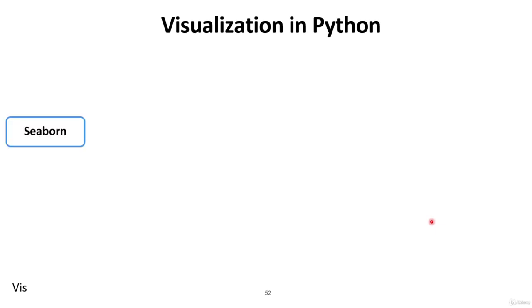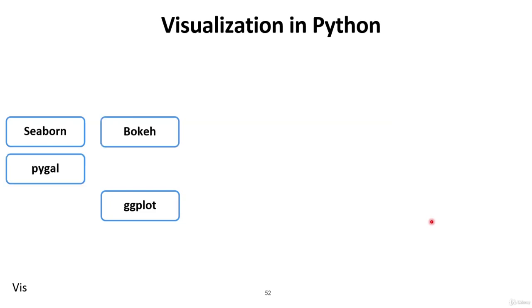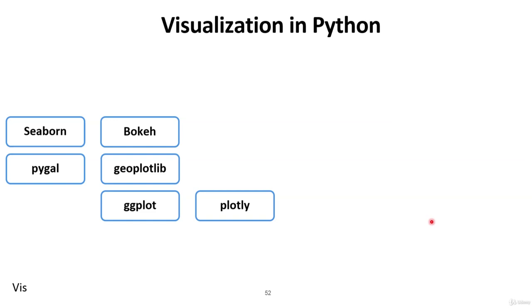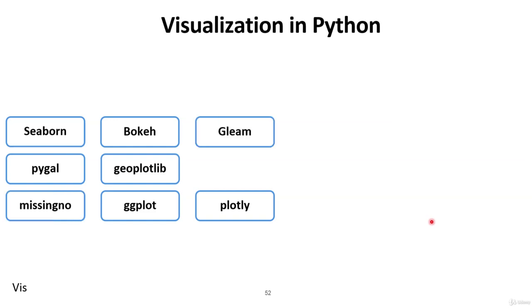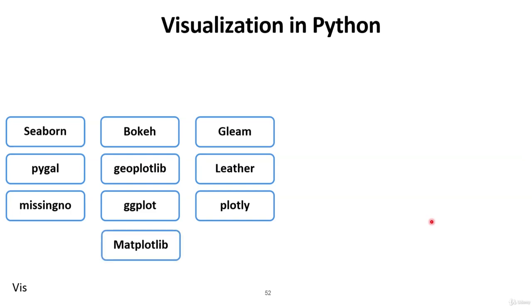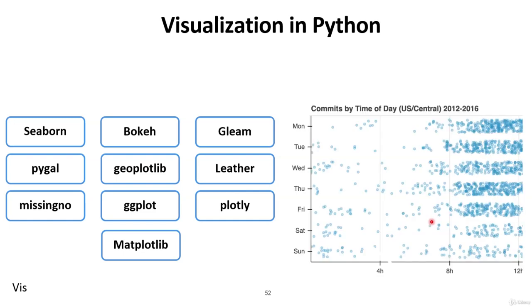For this purpose, there are multiple packages in Python, like Seaborn, ggplot, Bokeh, Pygal, Plotly, and geoplotlib, Gleam, Missingno, Leather, and also the main one that I'm going to use throughout this course is Matplotlib.